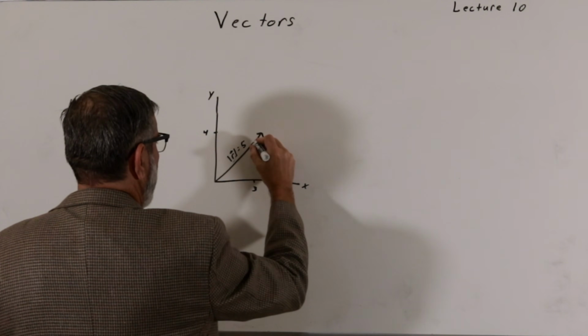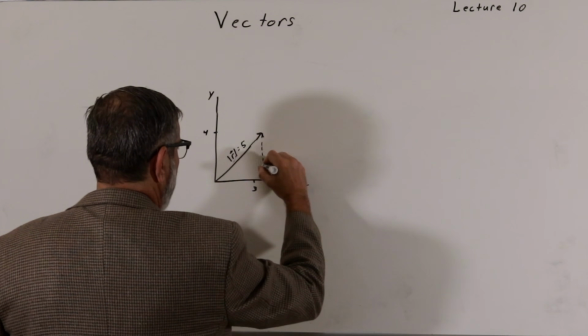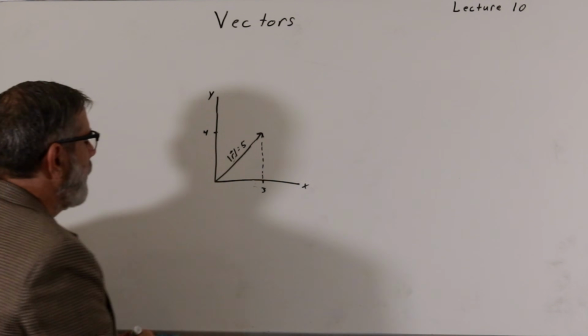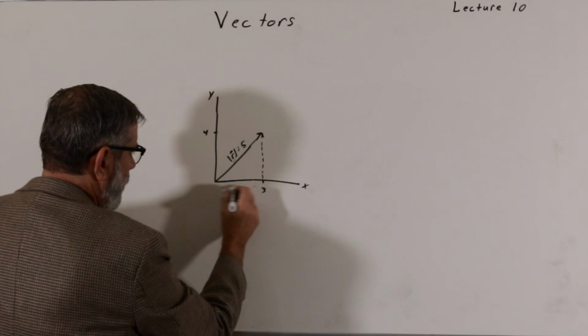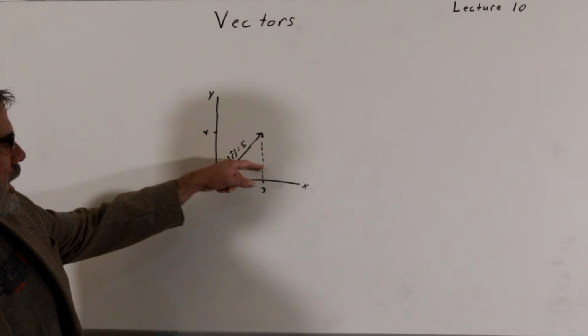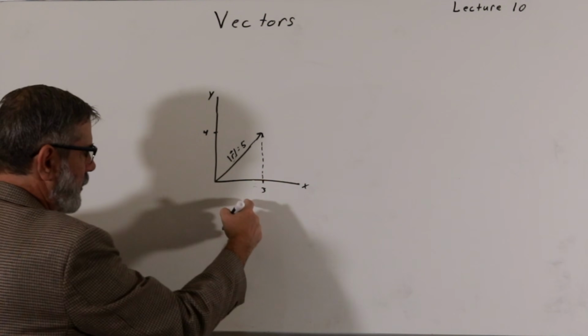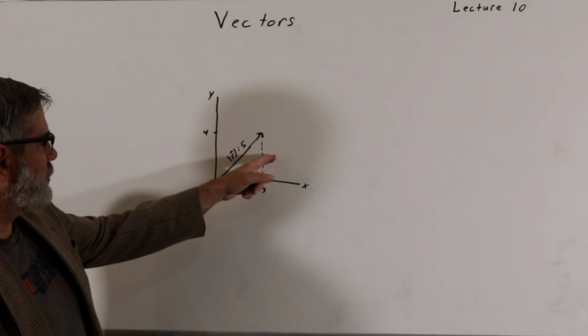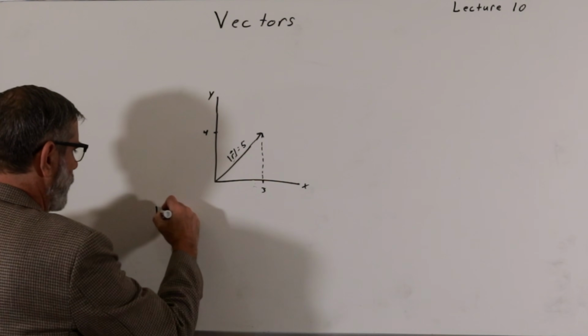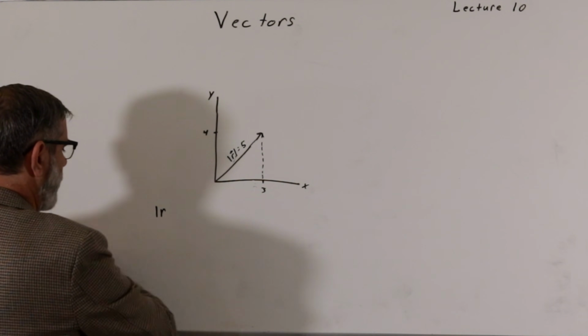How do I know that? Well, the length along the x-axis is 3, and the length along the y-axis is 4. And by the Pythagorean theorem, 3 squared plus 4 squared equals 5 squared. And so that is the definition of the magnitude of a vector if we write it in component form like this.